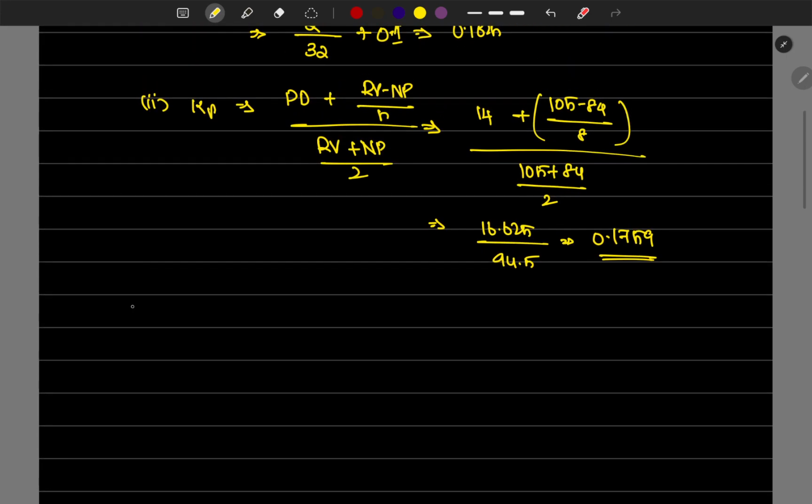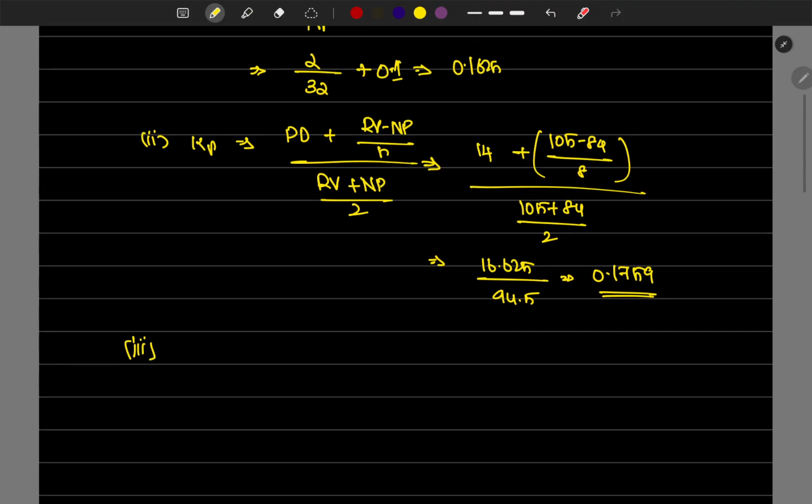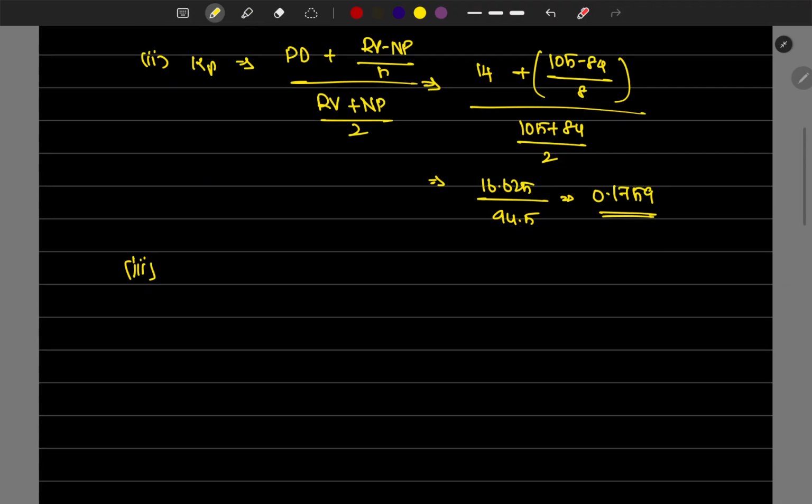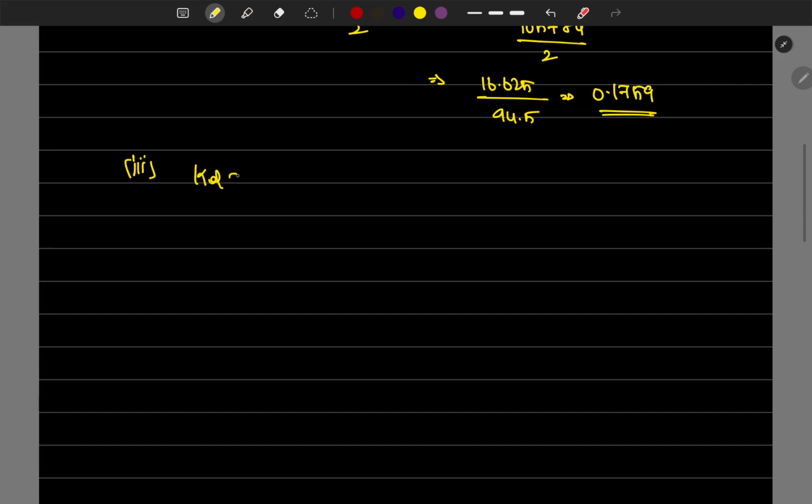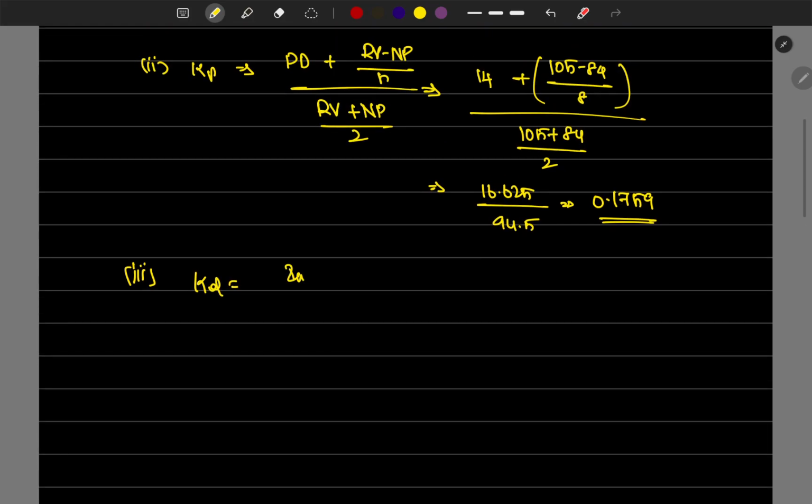The next one is KD. KD is equal to interest into (1 minus T) plus (RV minus NP) divided by N, divided by (RV plus NP) divided by 2.